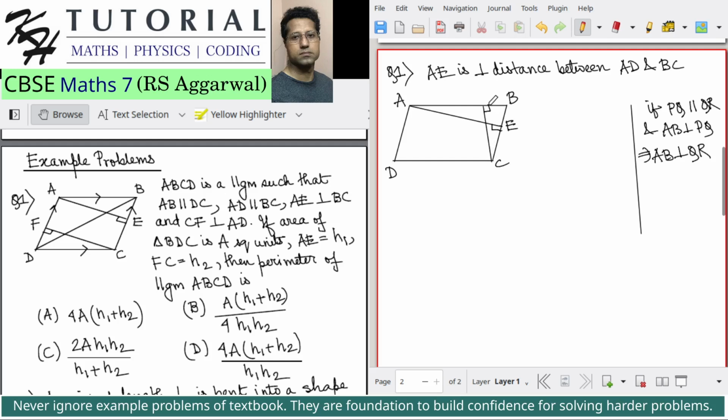CF is perpendicular to AB. This should be the proper diagram.